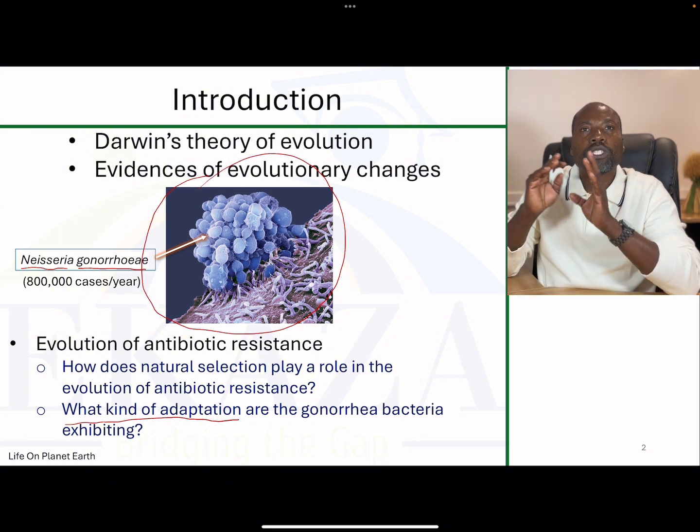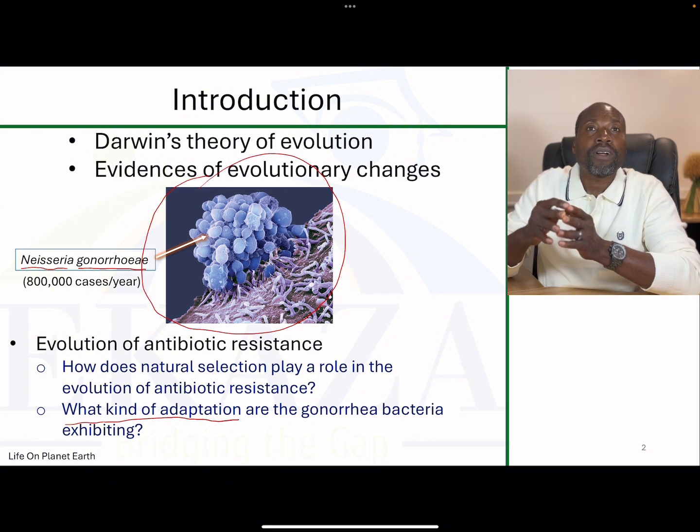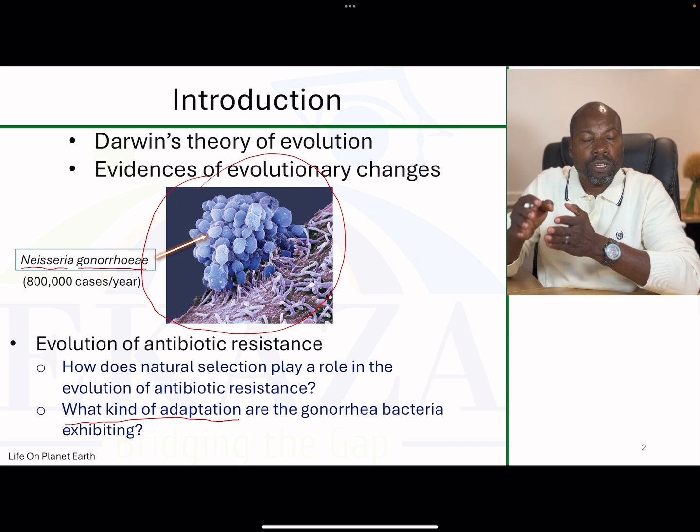Now, we are going to go back into the history of evolution and how we came to show that living organisms do evolve over time, and that evolution is controlled by the concept that we call natural selection, which is basically, in other words, survival of the fittest.